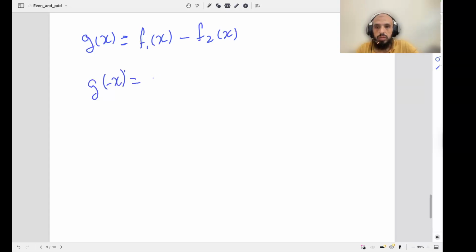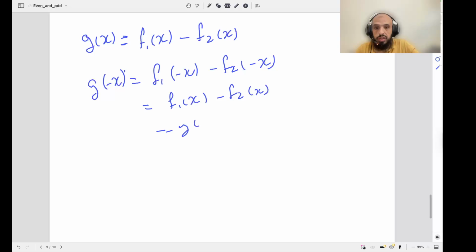It is going to be equal to f1 of negative x minus f2 of negative x, which is equal to f1 of x minus f2 of x, which is equal to g of x. So we return back to the original function, then this is an even function.